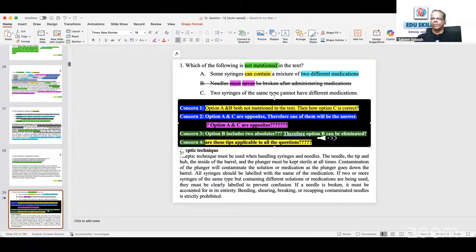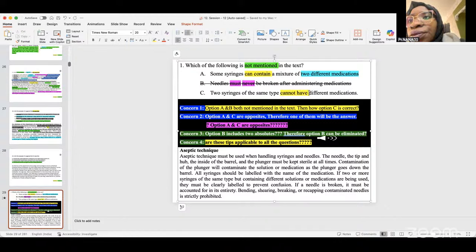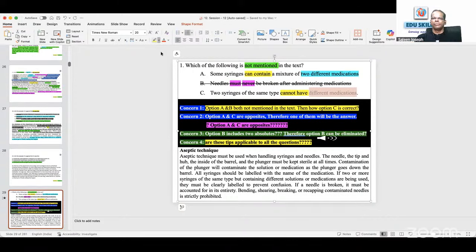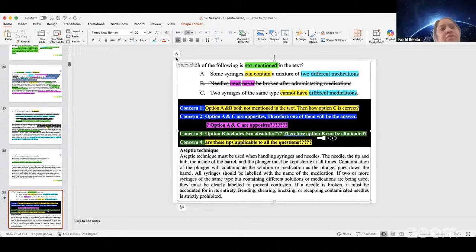This one is disturbing me. Cannot have different medications. So what are they? Can contain and cannot have. Opposite. They are opposites. Opposite means one of them must be the answer.